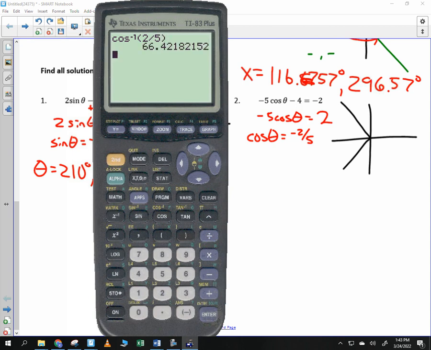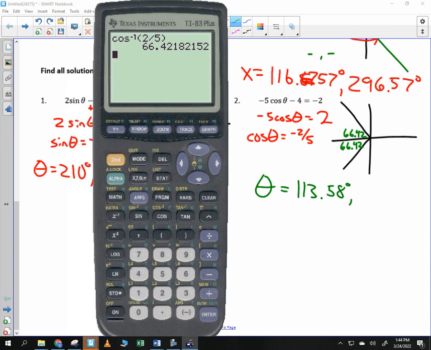I got 66.42. I always put it against the x-axis. Don't tell me the answers. Tell me how to compute the answer. 180 minus 66.42, and you get 113.58.